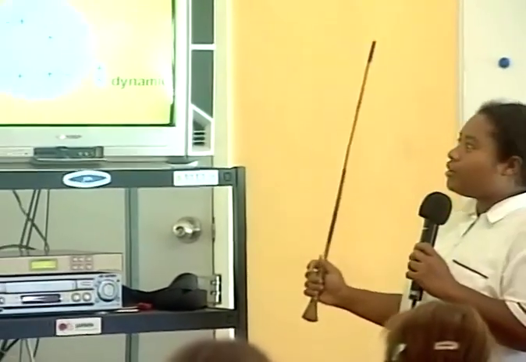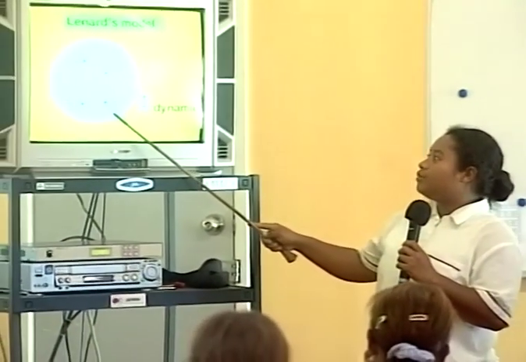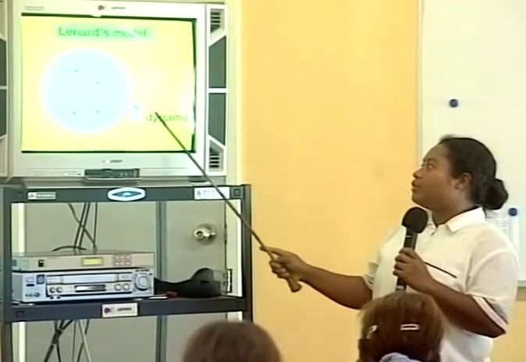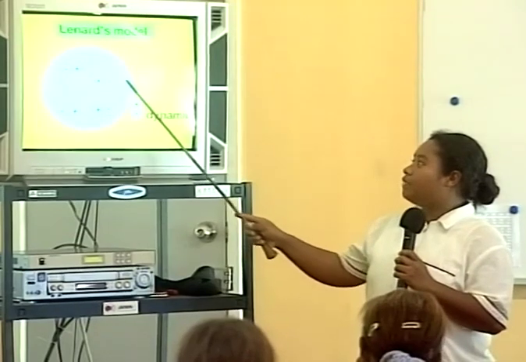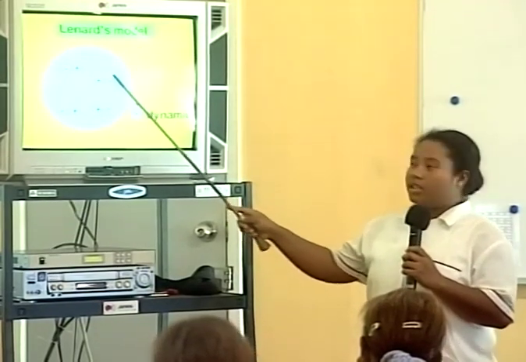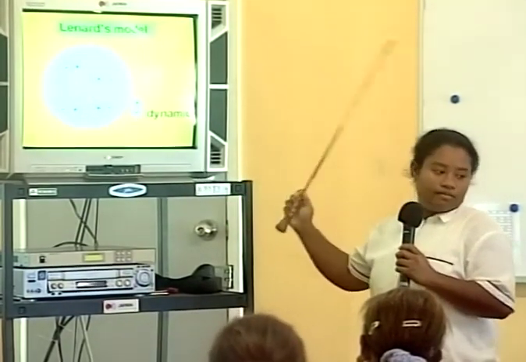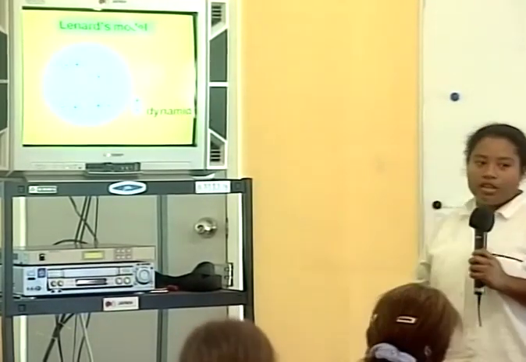This is what Leonard's model looked like. You can see that there is a positive charge here and a negative charge. He thought that they were like dynamites. This shows that he thought the protons and electrons were scattered around the atom. Can you please copy?